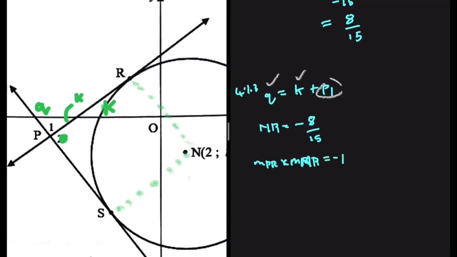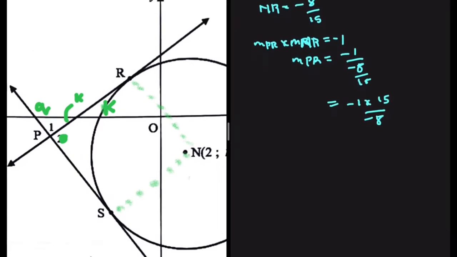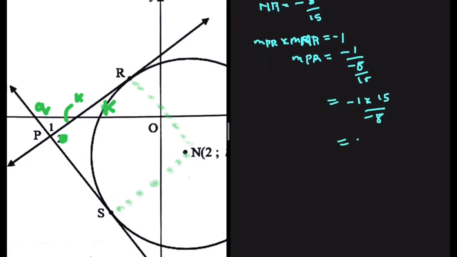Why are we saying that? The radius is always perpendicular to the tangent. So now we can say that the gradient of PR is equal to minus 1 divided by minus 8 divided by 15. This is just equal to minus 1 multiplied by 15 divided by minus 8. So the gradient of PR is 15 divided by 8.